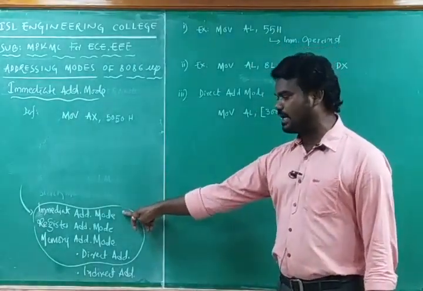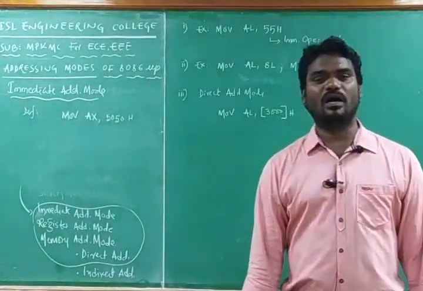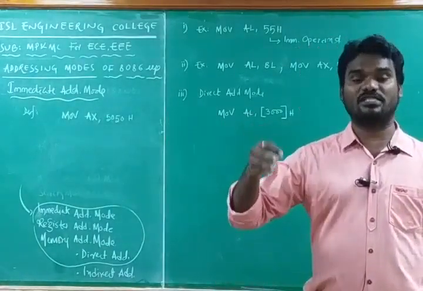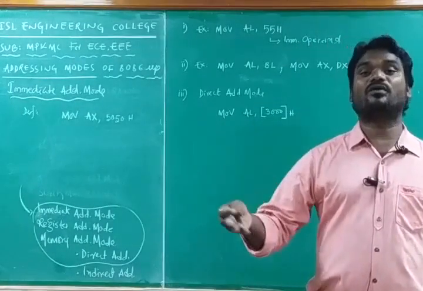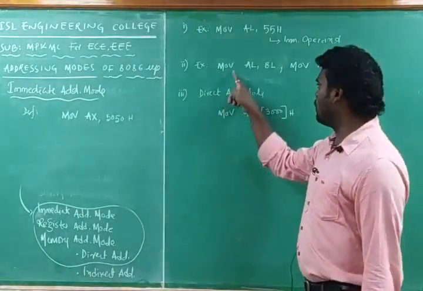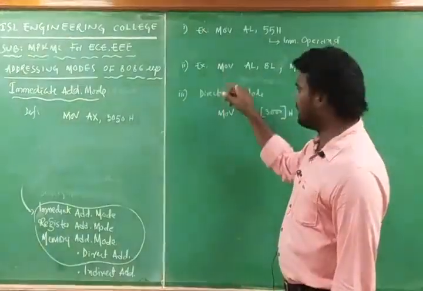First one is completed and the second one is register addressing mode. That means in the instructions we are going to have the registers, and in the registers we are going to have the operands. Here I am going with this one, MOV AL, BL. We know that MOV is an instruction.